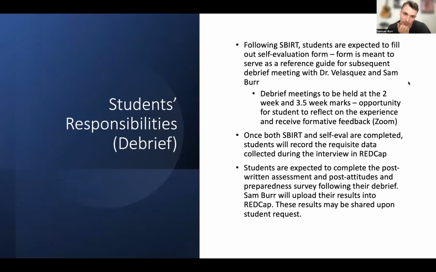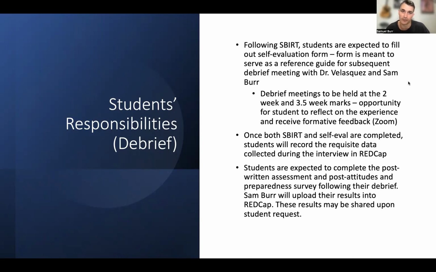After the referral is made, students are expected to reflect on their experience of going through SBIRT with patients. They'll have a self-eval form, which they can fill out completely, or just as much as is useful to reference during a debrief meeting with Dr. Velasquez or Dr. Berg, and I'll be there to talk about what worked and what didn't.